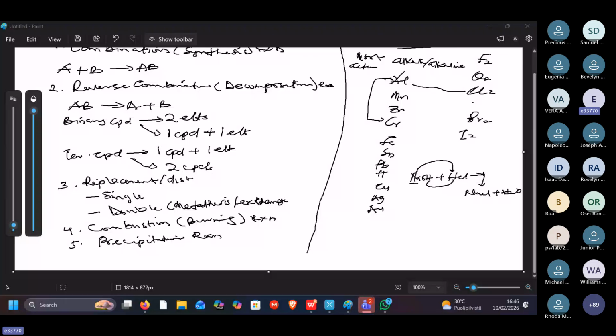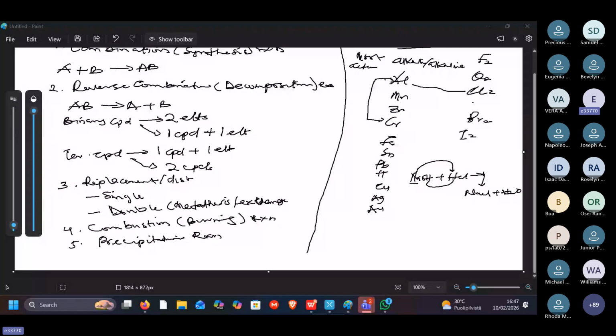Okay. So that's a precipitation reaction, and that has to do with compounds that are soluble in water. So we call that the aqueous solution. For a precipitation reaction, we are looking at how a compound will dissolve in water and then create ions.